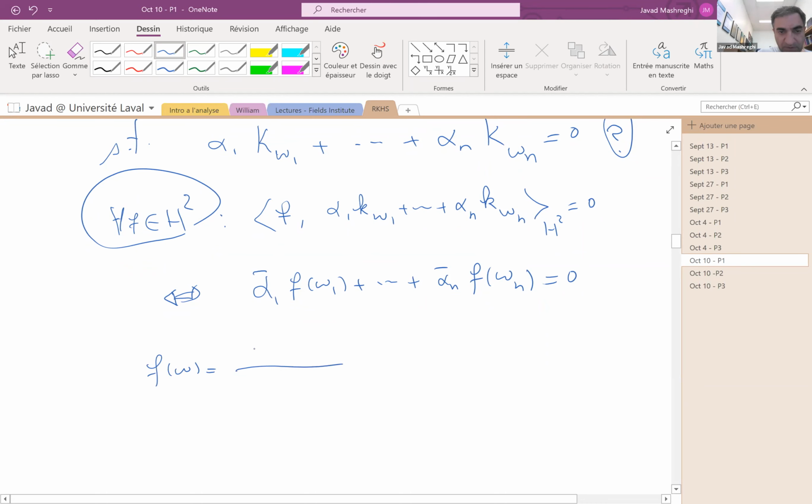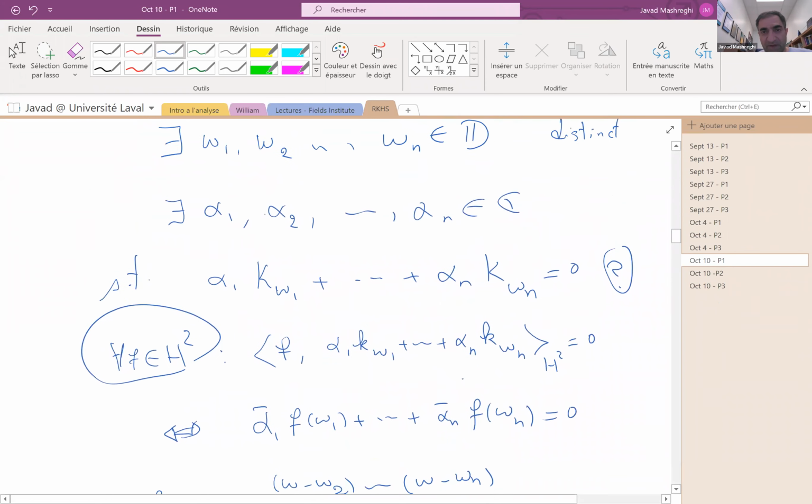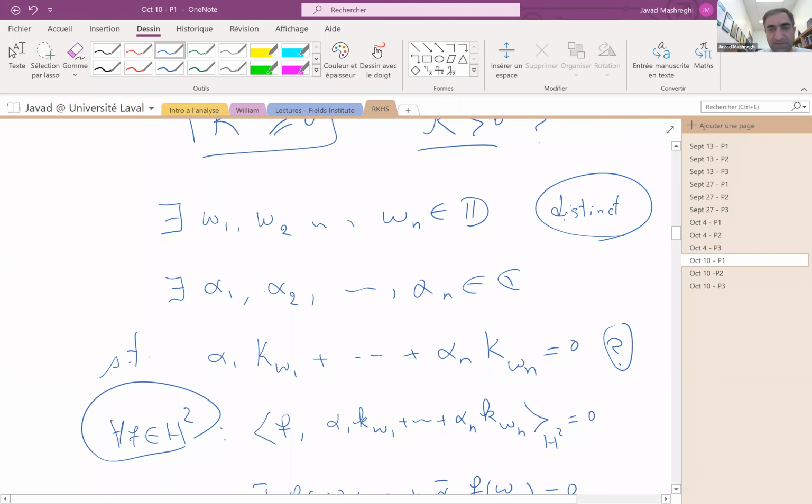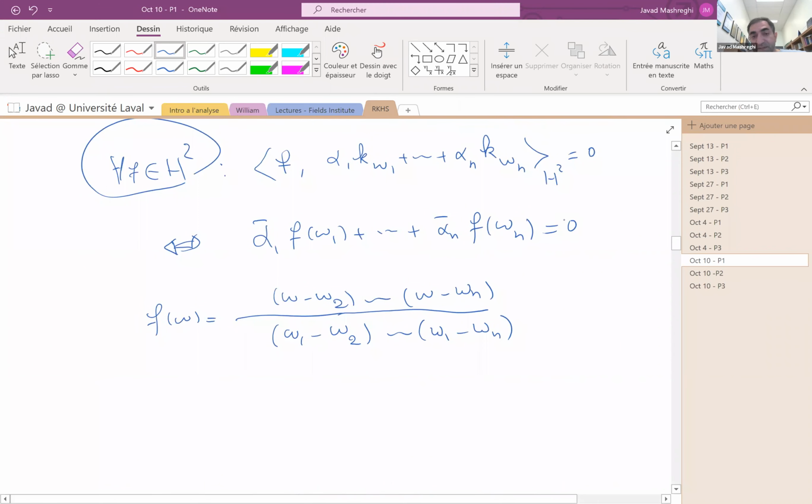Consider the polynomial, you forget the first term, the second term w minus w2, up to w minus wn. And you even do not need to normalize it. But if you want a normalized polynomial, divide by its value at point W1. And here is the point where you see this assumption is important: distinct. We do not divide by 0.